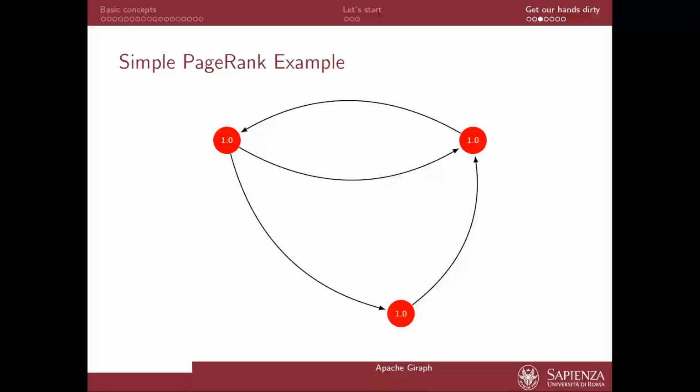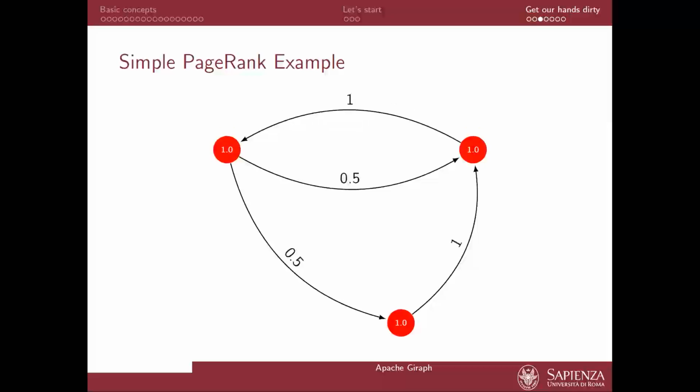As an initial condition, we put 1 on each vertex. Then, the value of each vertex is equally split over the outgoing edges. In some cases, we have 0.5 and 0.5. In some cases, we have all 1 because there is 1 outgoing edge. At this point, for each vertex, we simply apply the formula seen in the previous slide.